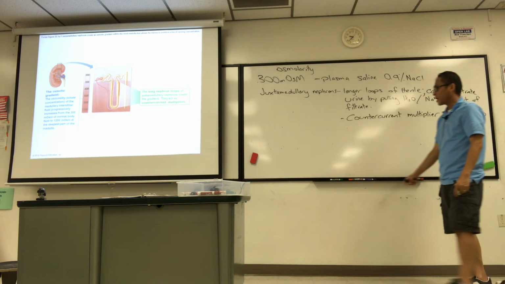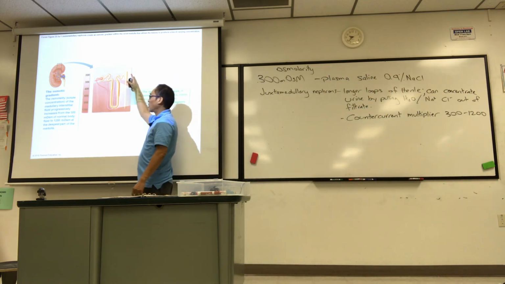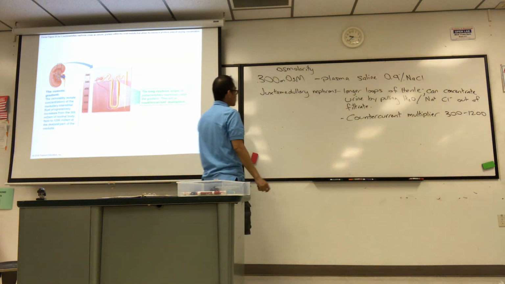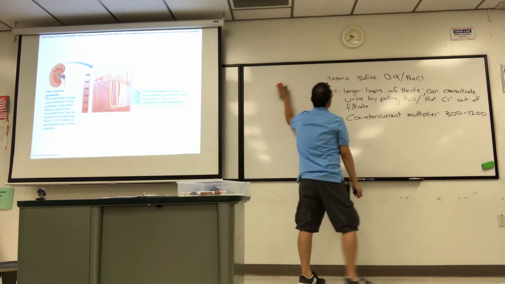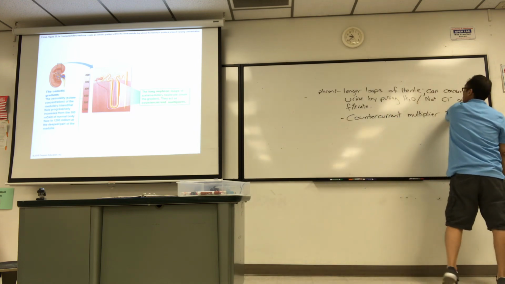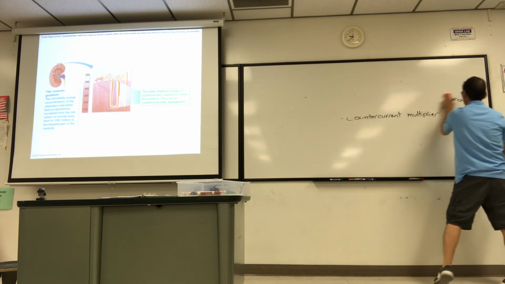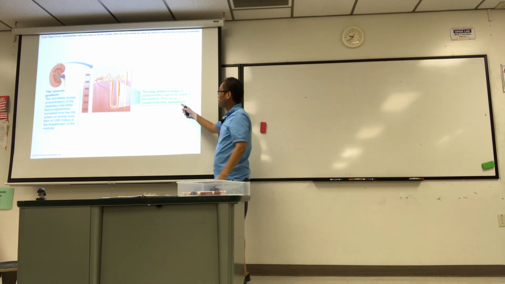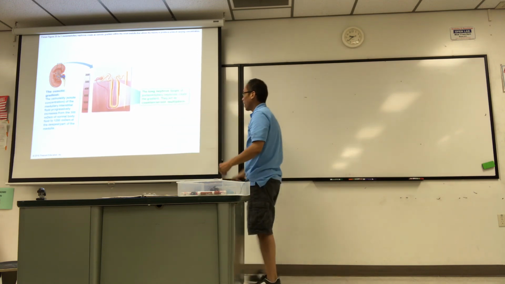So 300 to 1200, you multiply it 4 times, and that's what you see on this figure here. Cortex to medulla, 300 to 1200. Let's read what's in the green box. The long nephron loops of the juxtamedullary nephrons create the gradient. They act as countercurrent multipliers, right? So that's why I want to talk about it.